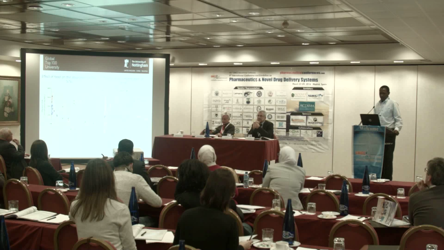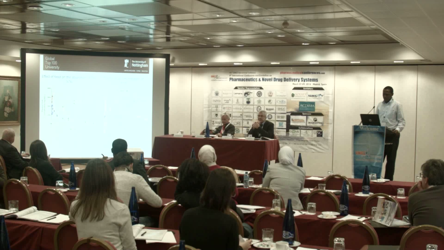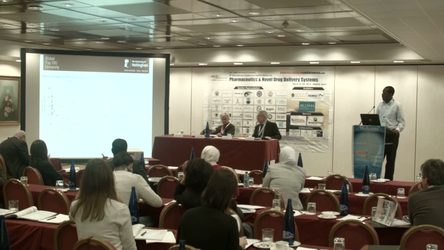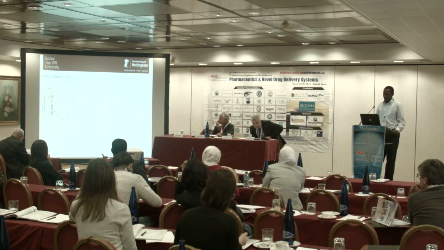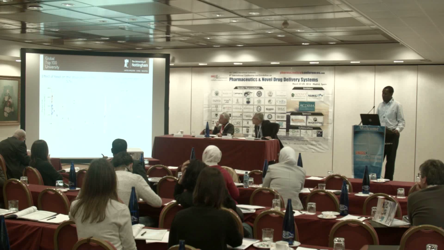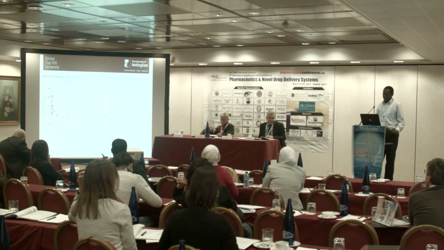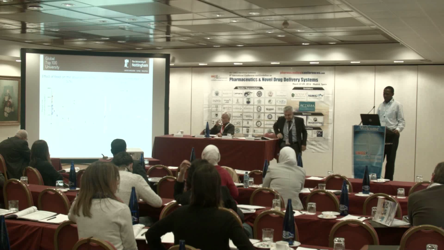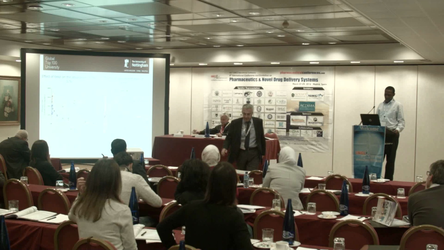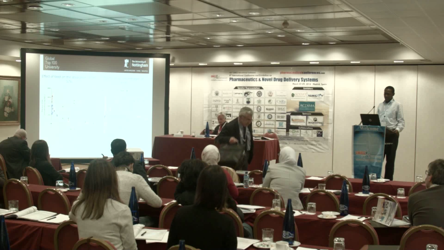These are actually graphs showing the effect of food on the absorption of paracetamol. The left graph is showing the profiles for the fasted and the fed states. And the one on the left is paracetamol, and the one on the right is amphotericin B. I think the key thing I want to emphasize here is that in the case of paracetamol, you can see that there is a peak right about here.